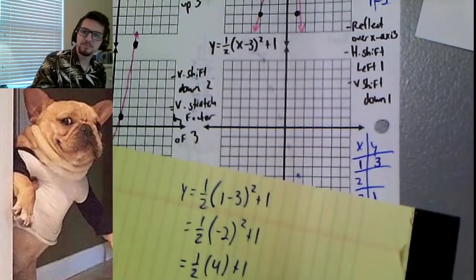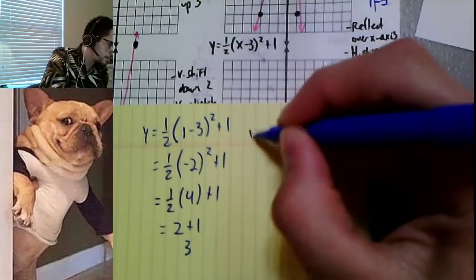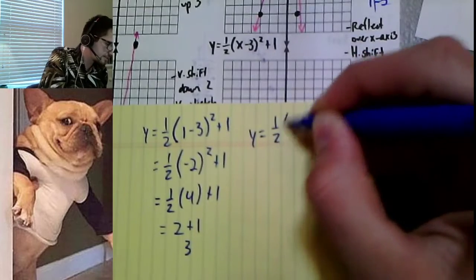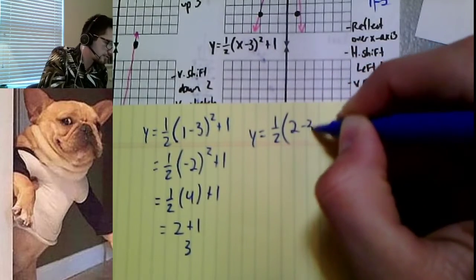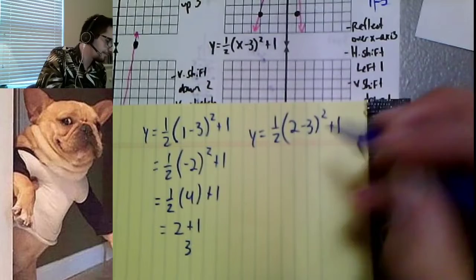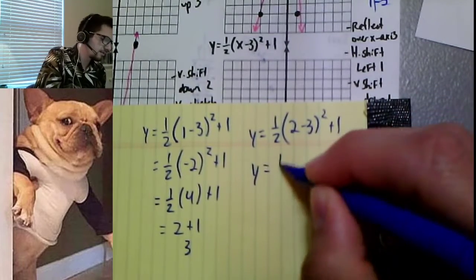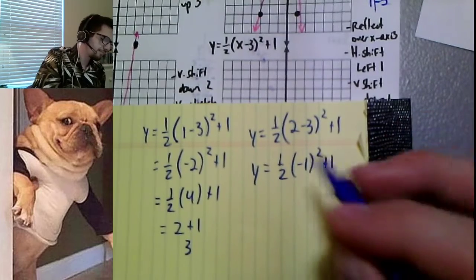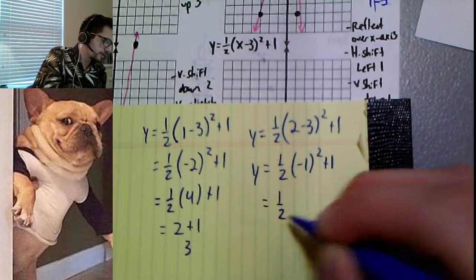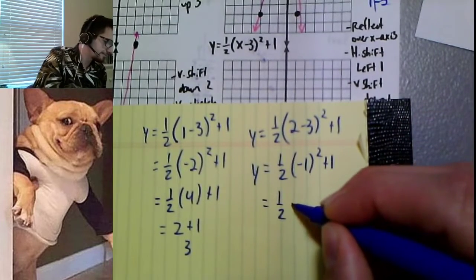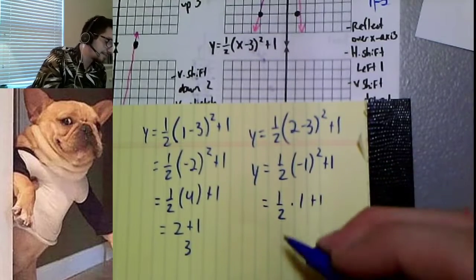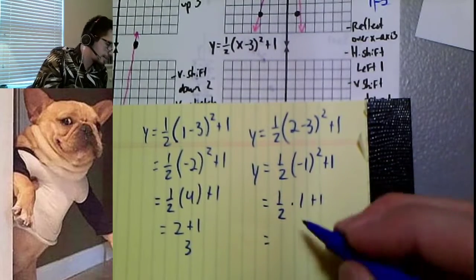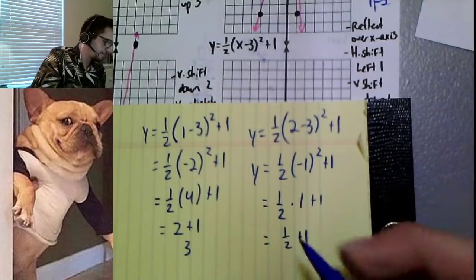One more. Let's plug in positive 2. Y equals 1/2 times the quantity of 2 minus 3 squared plus 1. 2 minus 3 is negative 1 squared plus 1. Negative 1 squared is just plain old 1. 1/2 times 1, surprise, is 1/2 plus 1.